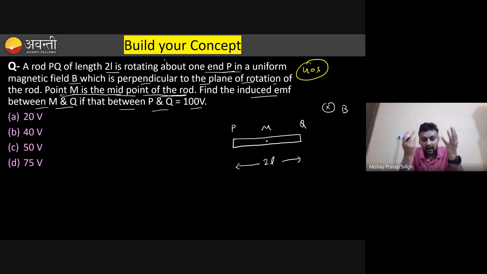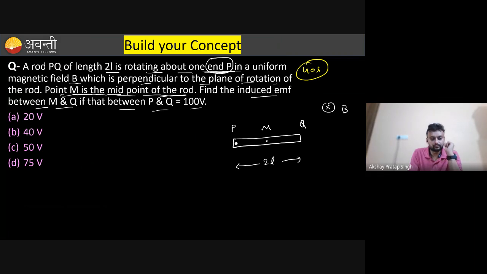But come back to the question. The rod is rotating about one end P. That means it is rotating about the end only. M is just a point on the rod. It is not mentioned that the rod is rotating about M. Are you getting my point? You need to be very alert while reading the question. So the rod is rotating about point P, and you should keep that in mind.